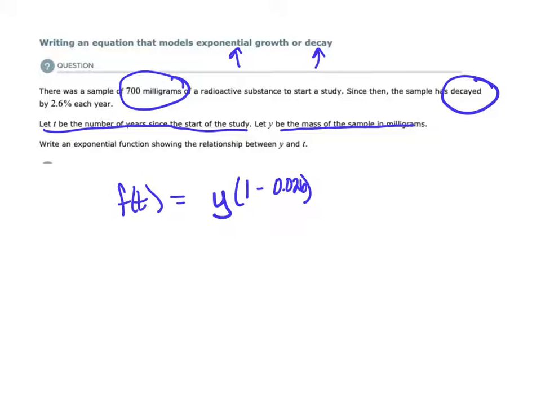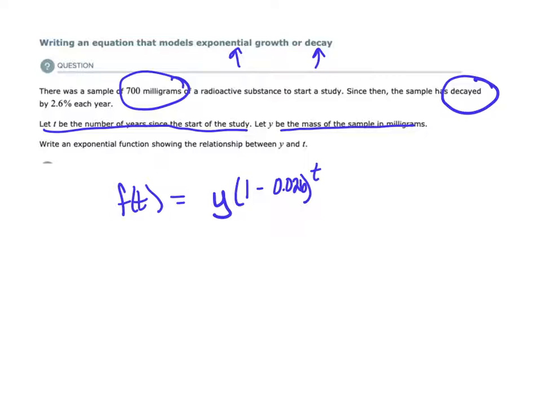Do we need to do plus or do we need to do minus? Then our T is going to be right there. So we have f of t equals Y, which is going to be our 700 milligrams. Then we're going to have 1 minus the rate that we were given, or 1 plus the rate that we were given. And then it's raised to T because T is the number of years since the study.